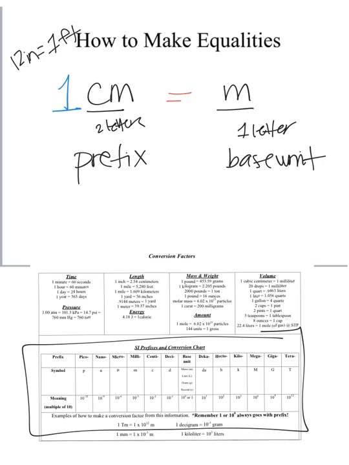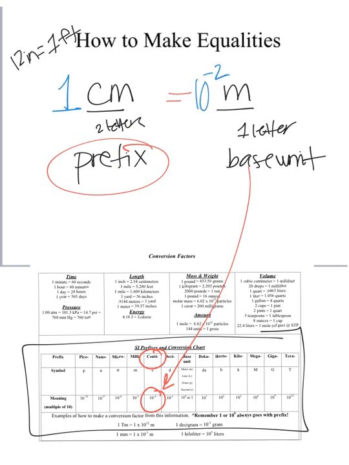The base unit gets what the prefix means. So if I come down here, I'm going to look for this prefix, centi. It means 10 to the negative 2. The base unit gets what that prefix means, so in my equality, that's 10 to the negative 2. So this is what I would use in my dimensional analysis: 1 centimeter equals 10 to the negative 2 meters.